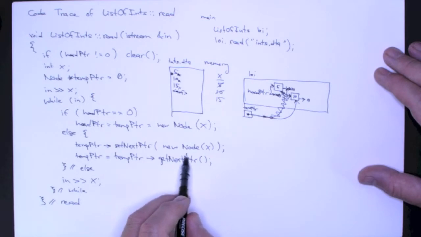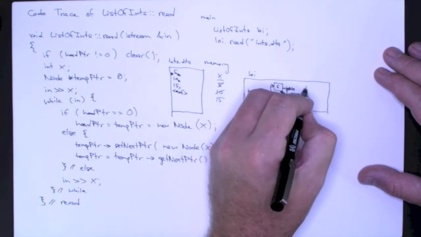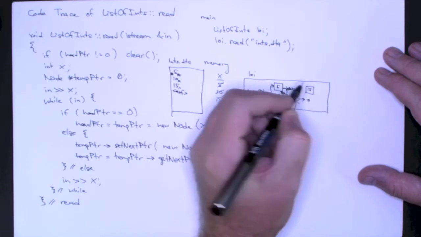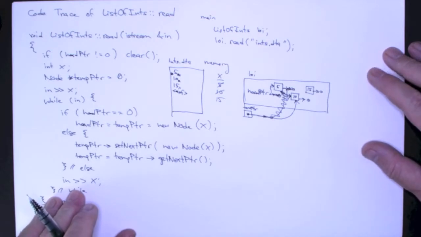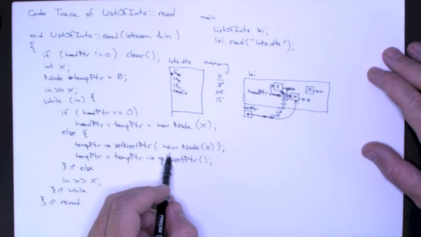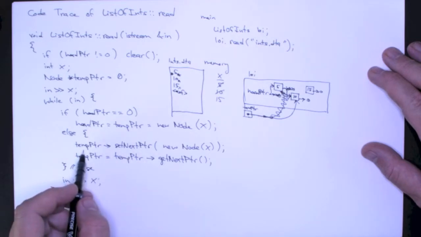We do the same thing. We pass x to node's constructor, so somewhere out in memory we get a node containing 15, and its next pointer points to null. New takes the address, and that is input to the setNext pointer method of the object that temp pointer points to.